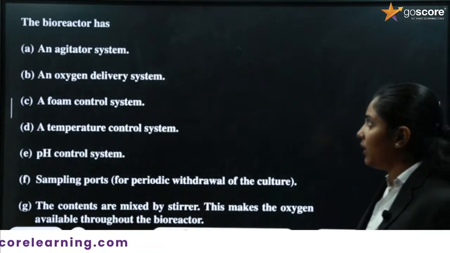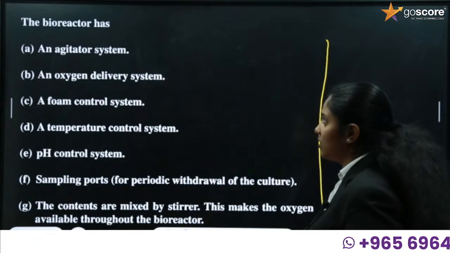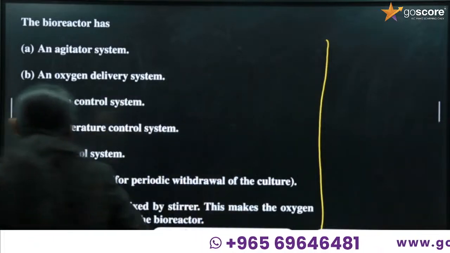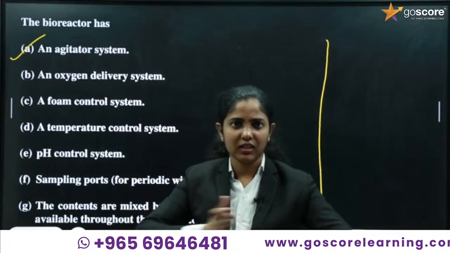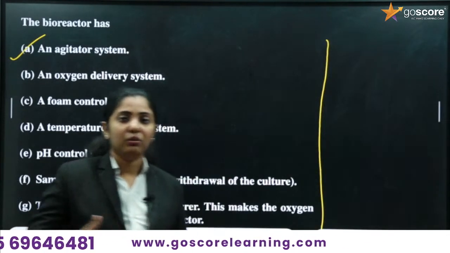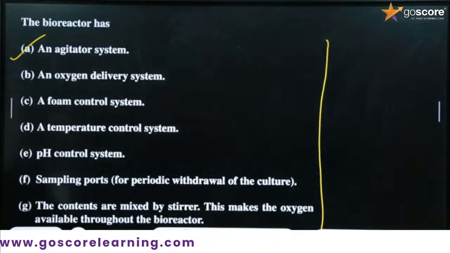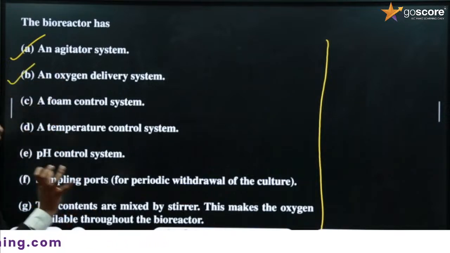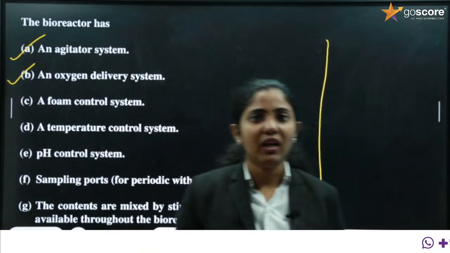So these are the important things that have to be present inside the bioreactor. There should be an agitator, which agitates, like the agitator you see for taking out the cheese. Similarly, there is an agitator system in the bioreactor. Then, to supply proper oxygen, an oxygen delivery system will be present.